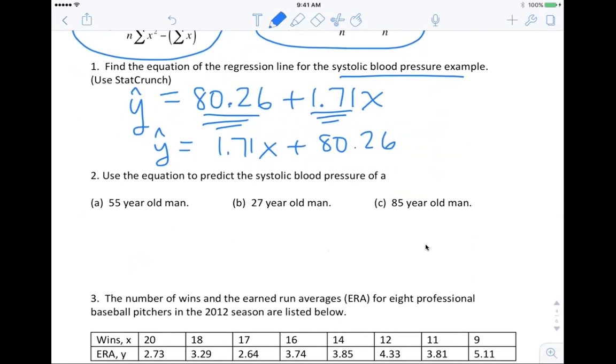All you're doing is just plugging the number in, right? So for part A, I have 1.71 times 55 plus 80.26.